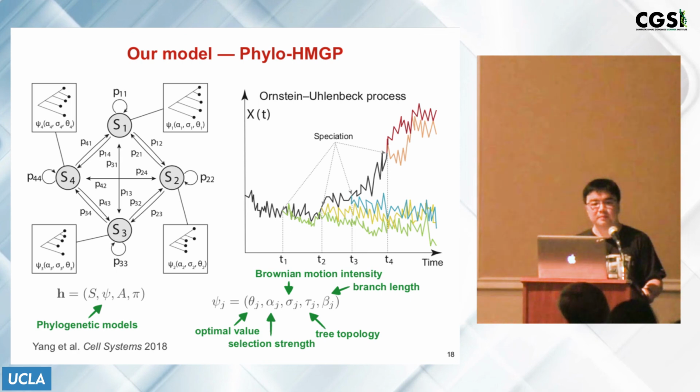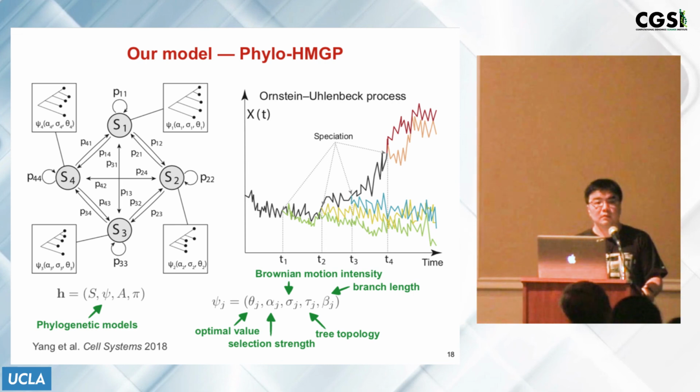So this should somehow estimate the phylogeny over these species, the tree that you see here. The tree itself, we didn't estimate. We assumed the tree topology is known, because otherwise there are too many possibilities. So we assume that the species tree is known, and what we estimate are the optimal values and the selection strengths associated with these different nodes in the tree.